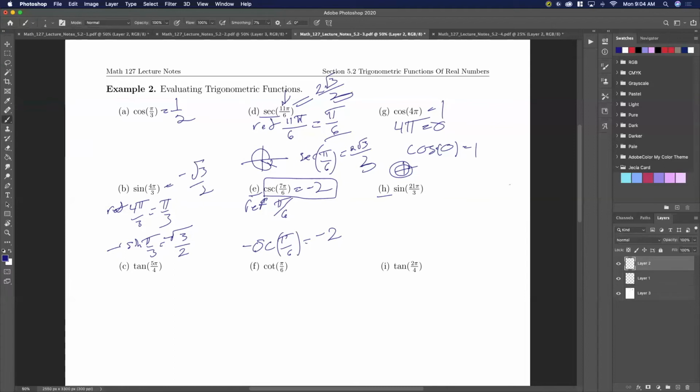All right, so 21 pi over 3 is equal to 7 pi. 7 pi has a reference angle of 0. Sine of 0 is equal to 0. So this is 0.